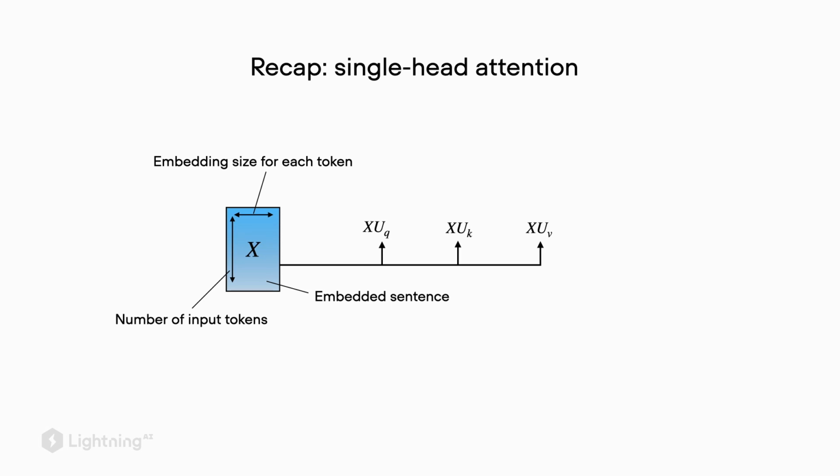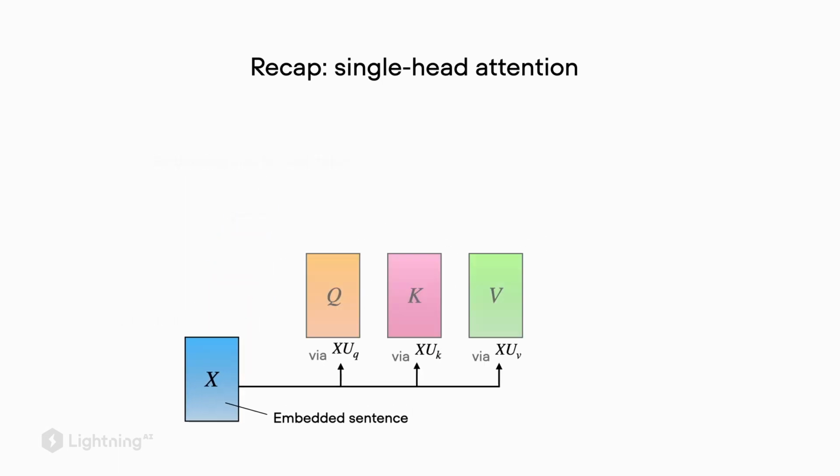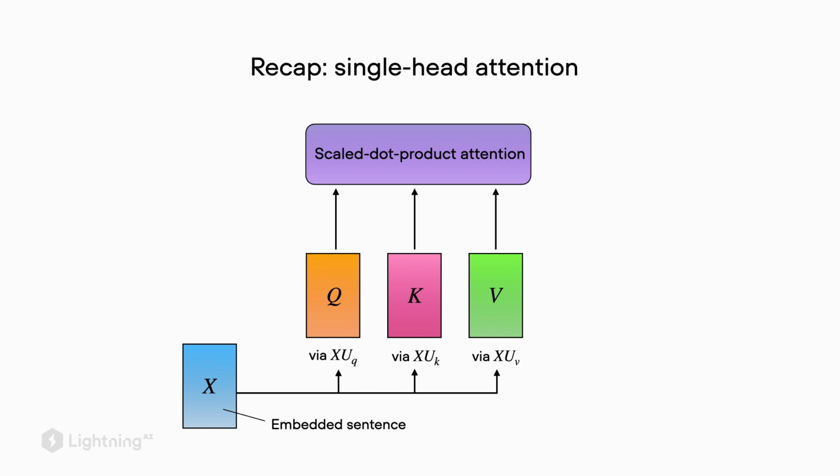Then we multiply that input sentence with the matrices U to obtain the values, the queries, and the keys. This would look as follows for single-head attention. Essentially, for each input in the embedded sentence, we obtain a context vector. For example, if the input consists of 10 words, the output will consist of 10 context vectors.